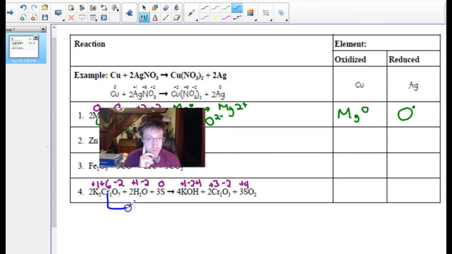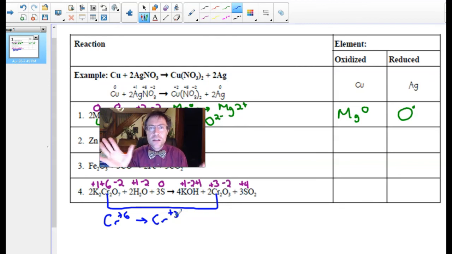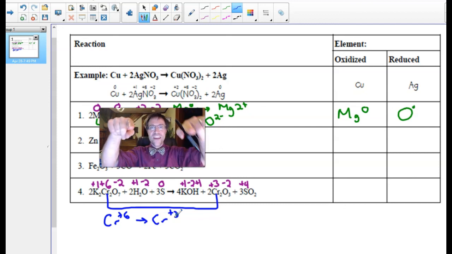So chromium went from +6 to +3 on the right-hand side. See, what I'm doing is I'm extracting it so I don't have to look at all the other garbage around it, because my eyes do not work with all of the noise going on down there.